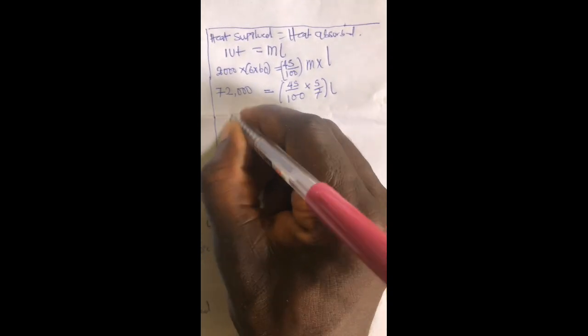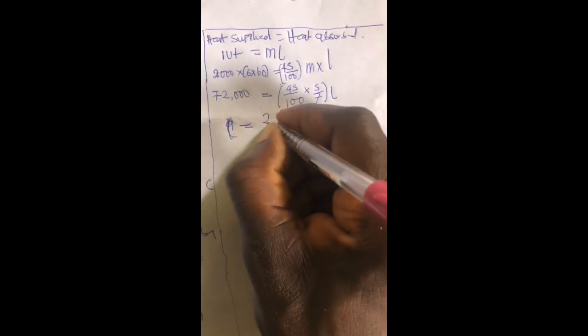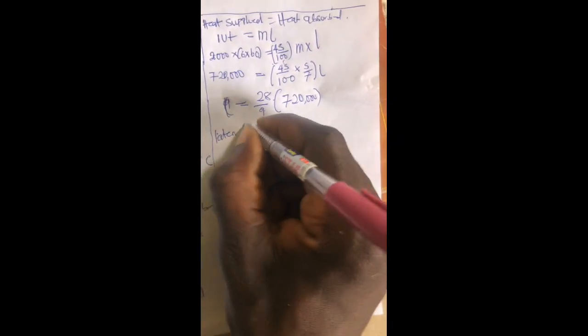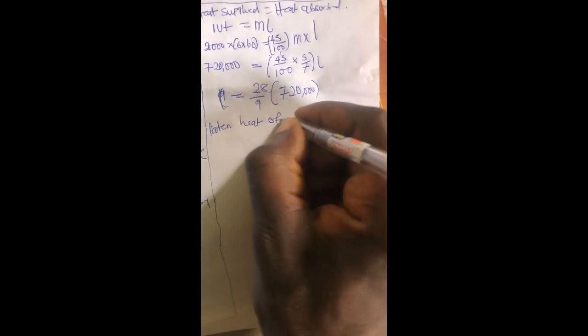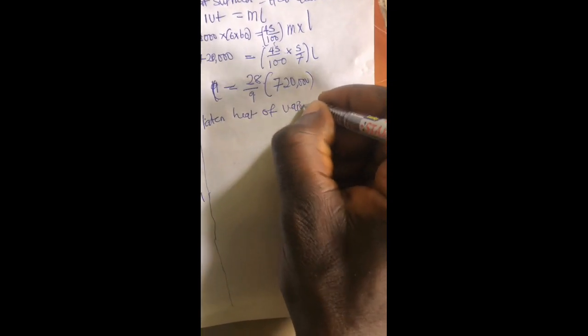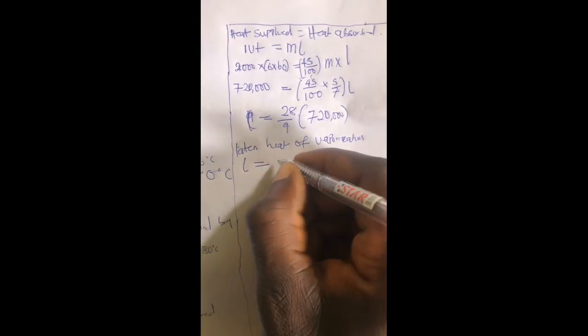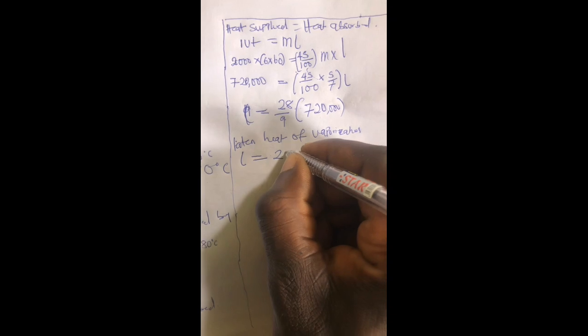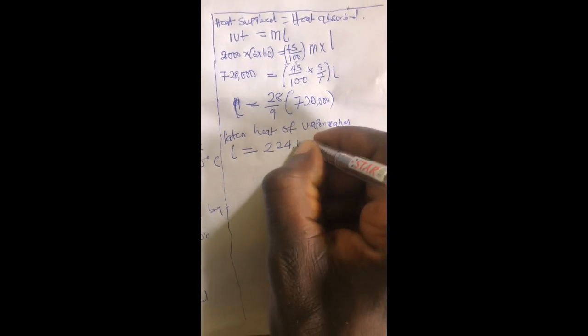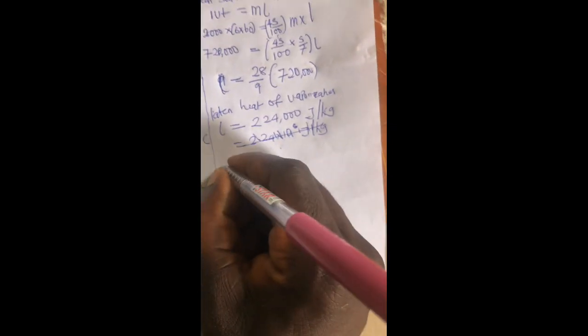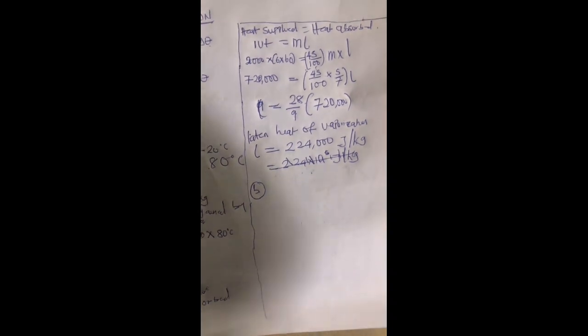L will be equal to 224,000. Question 2 says state one assumption made in your calculation.